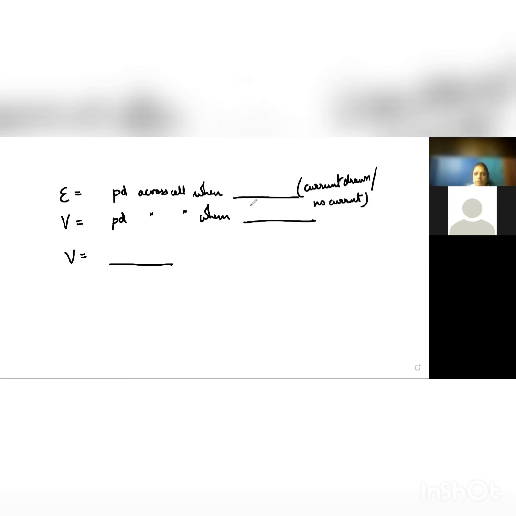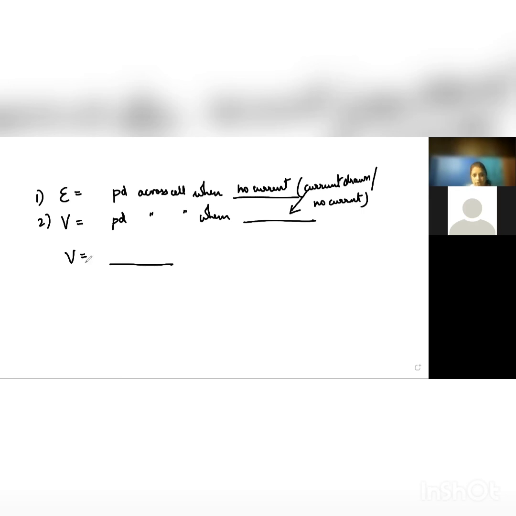Yes, one of the options for the two. In one case, current is drawn. In one case, the current is not drawn. Which one? No current. Yes, perfect. So when there is no current, that is EMF. The other one, current is drawn.